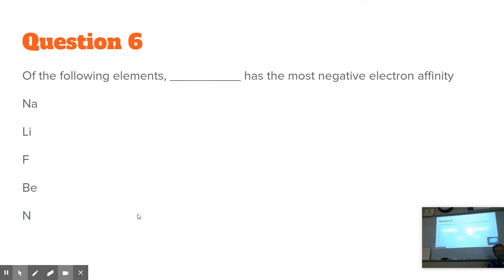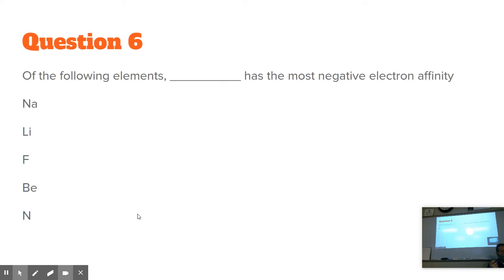So we've got sodium, lithium, fluorine, beryllium, nitrogen. Think about what you would respond with. Let's see if it matches the answer of fluorine. In fact, I believe fluorine has the most negative electron affinity. Could be wrong, there might be one, but I'm pretty sure it's fluorine.